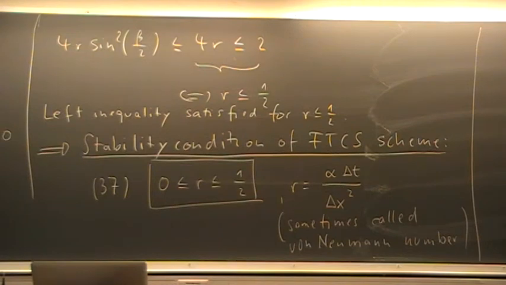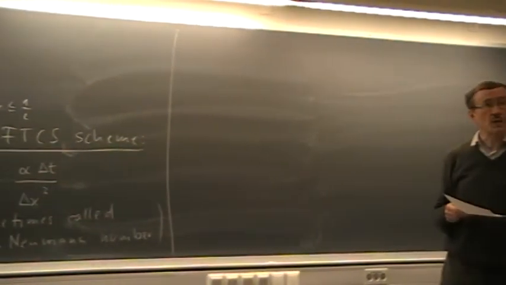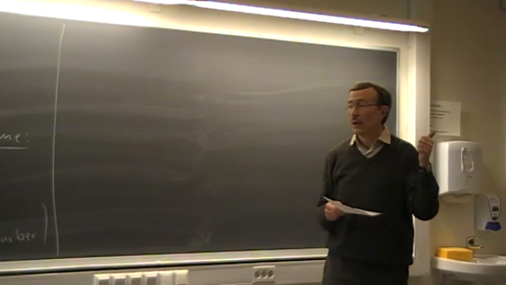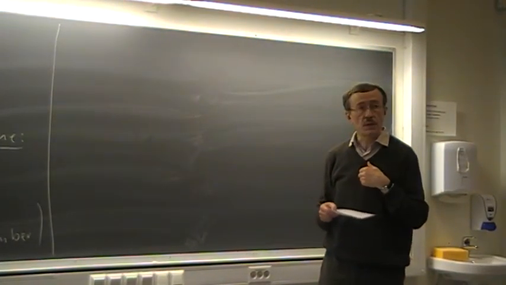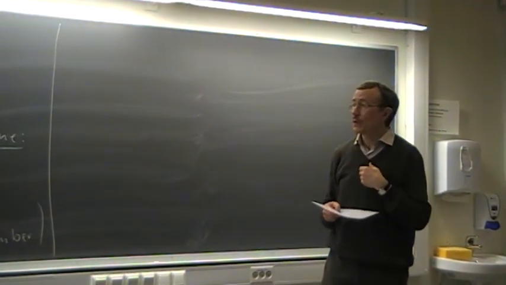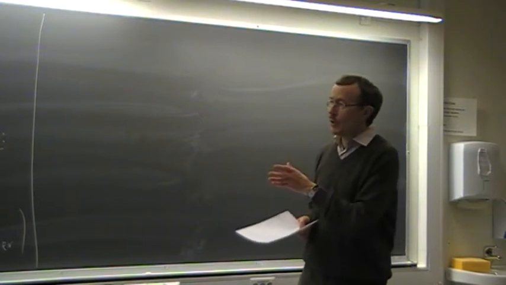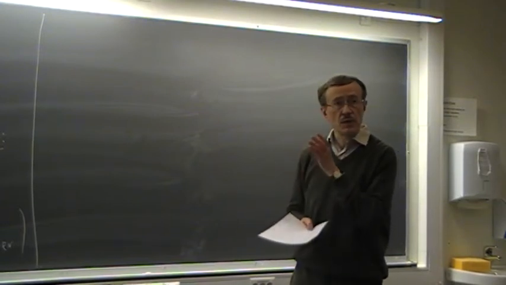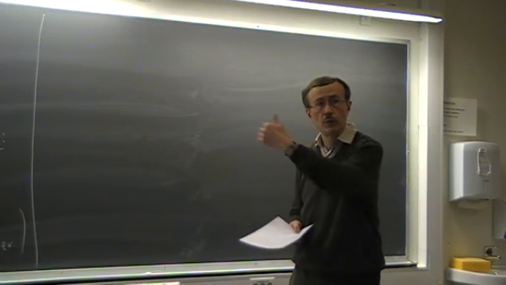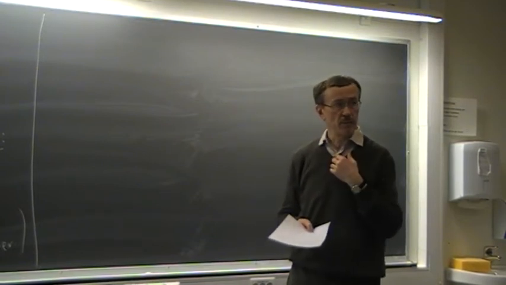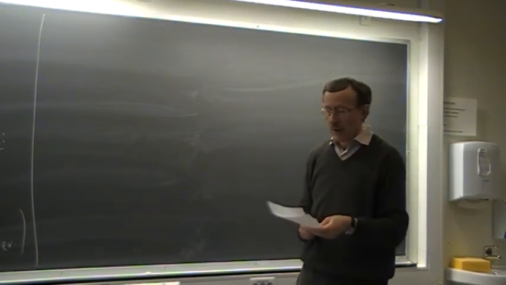So, then we have now established consistency of the FTCS scheme, that was yesterday, and now under this condition we also have stability. That means the solution and also the rounding errors stay bounded as n goes towards infinity. That is stability.